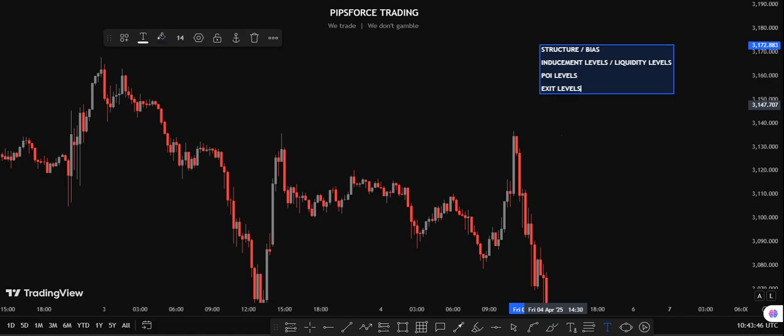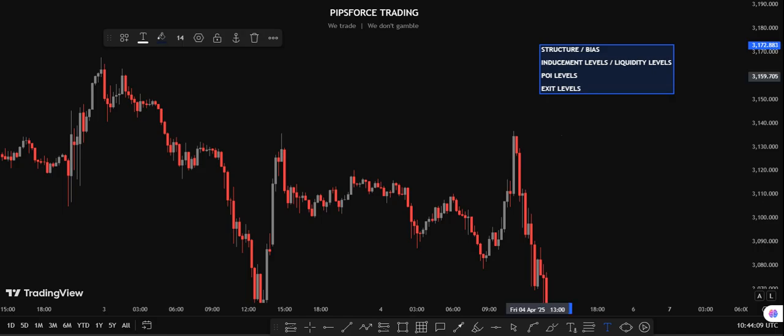So after finding your structure, that is fine, whether price is moving to an upside or a downside or a consolidation, you look in that same structure for market structure shift and market structure break, break of structures.